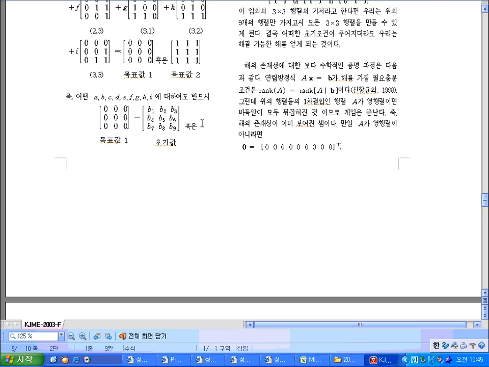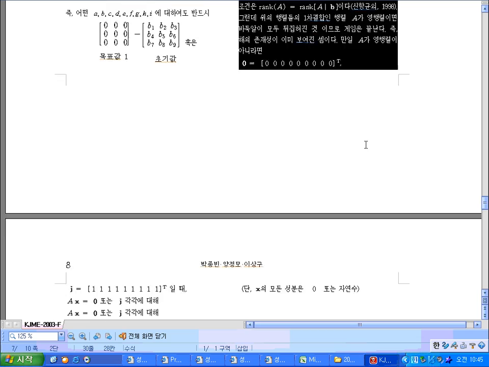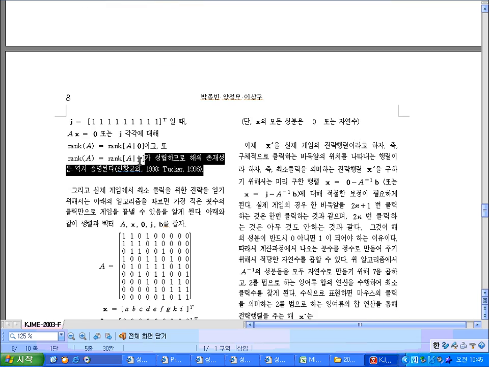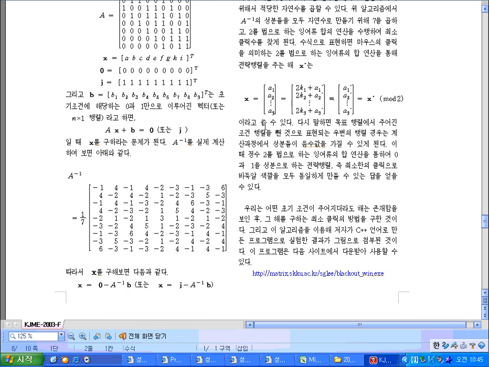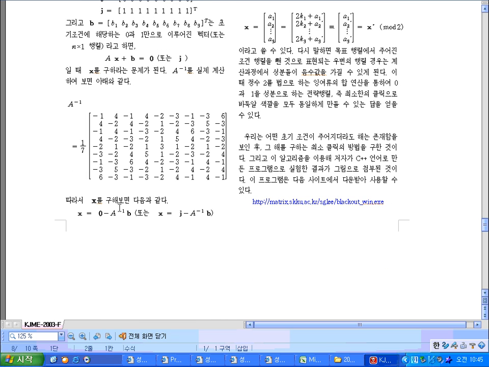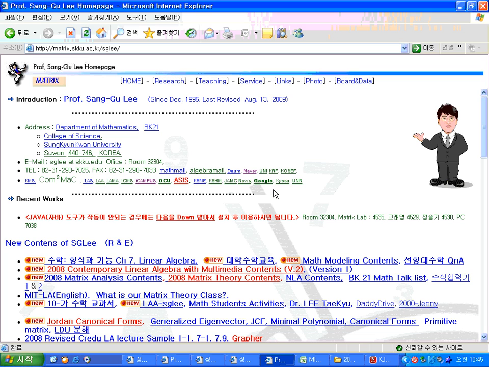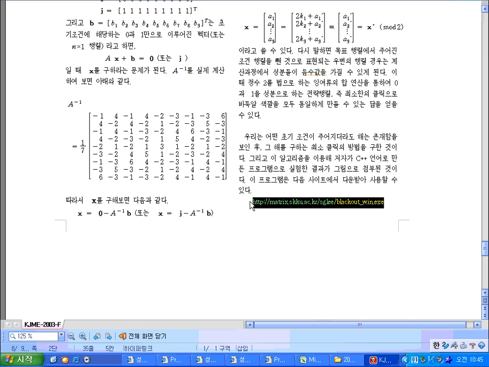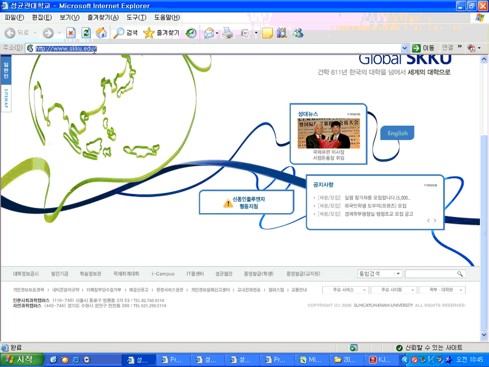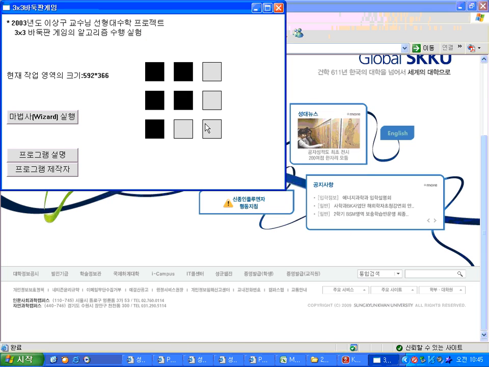So we added some mathematical proofs on it to make it concrete. And that algorithm was programmed like this.